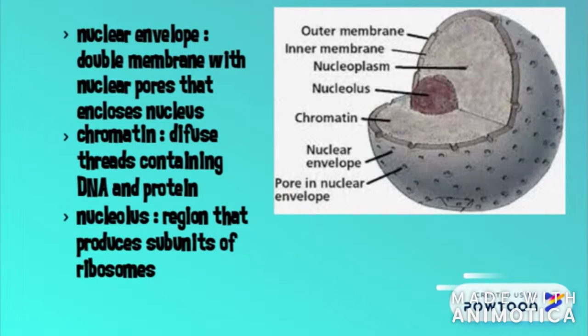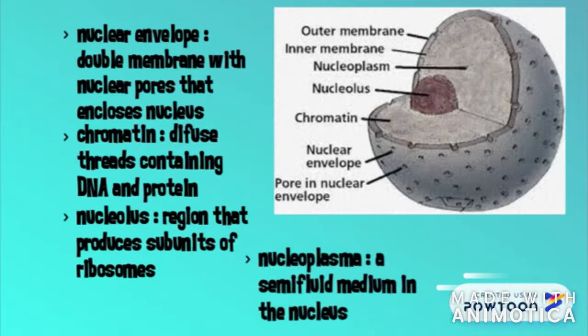Chromatin is diffuse strips containing DNA and protein. The nucleolus is the region that produces subunits of ribosomes. Nucleoplasm is a semi-fluid medium in the nucleus.